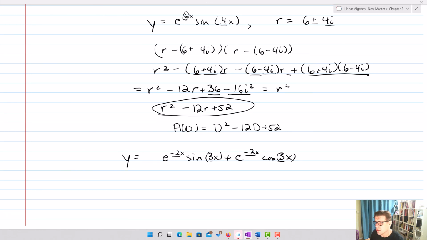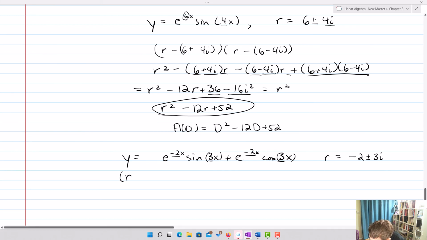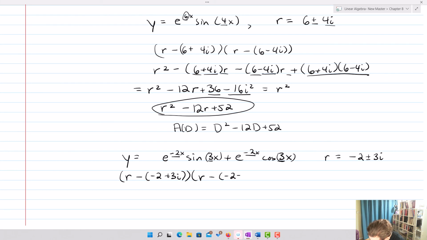So we can actually use the same annihilator here. Our root is going to be of the form r equals negative 2 plus or minus 3i. So we'll just plug that into a polynomial. We're going to get r minus negative 2 plus 3i times r minus negative 2 minus 3i.